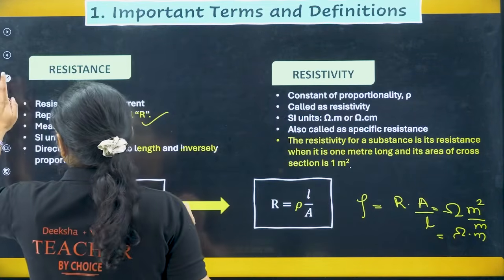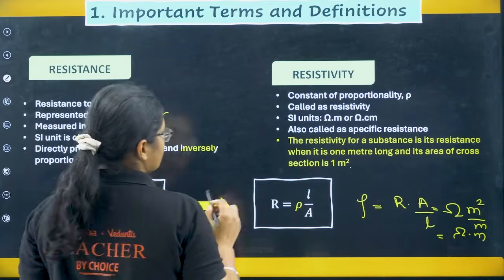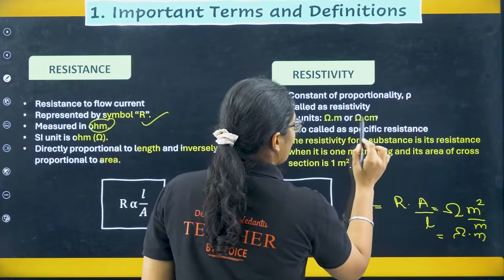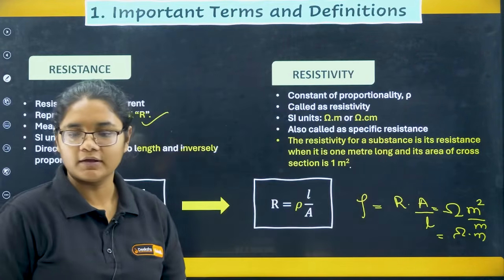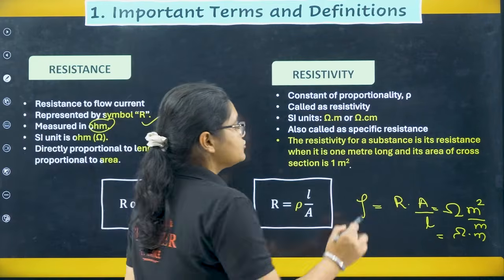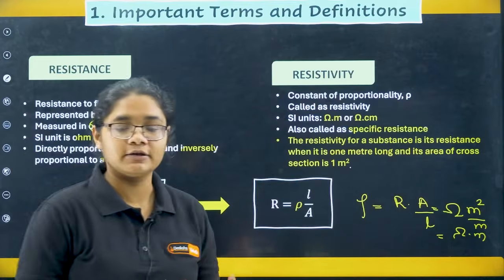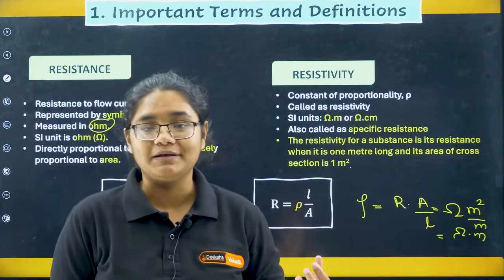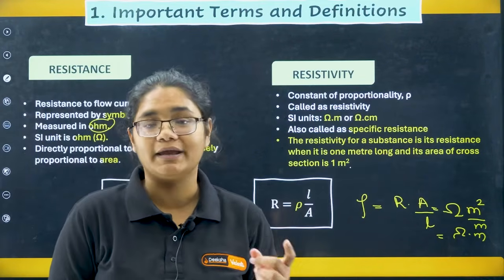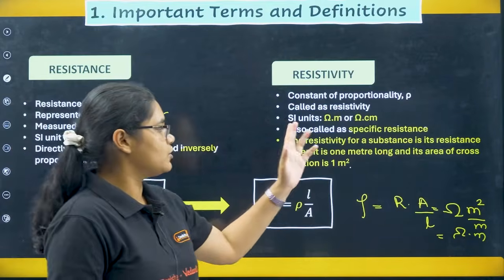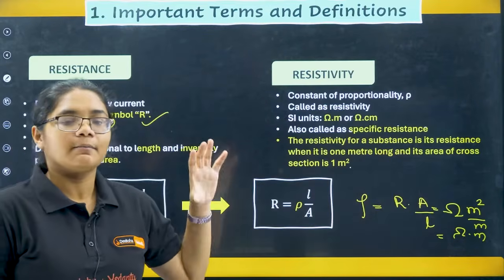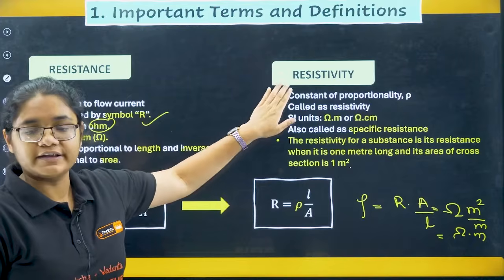So the unit of rho will be either ohm meter or ohm centimeter. Clear? Next, it is also called specific resistance. This is very important because in a question it might be written as specific resistance and you may get confused. So you should know it is also called specific resistance, but the most common term used is resistivity.